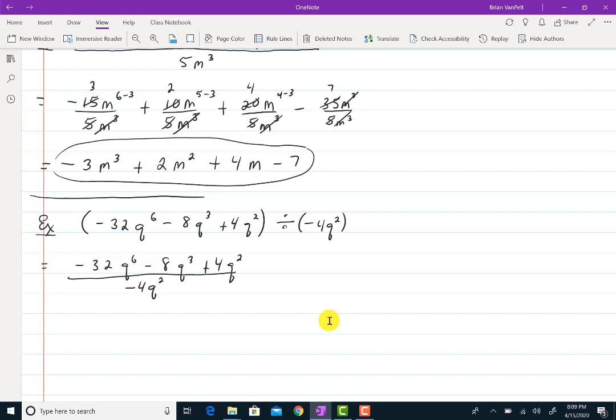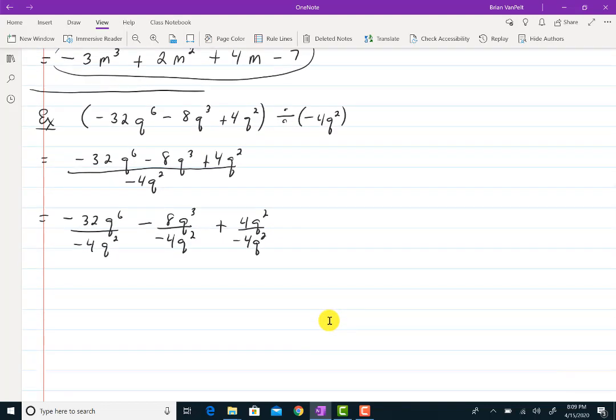And there we have it. Now let me go ahead and break it up. So I have negative 32q to the 6th divided by negative 4q squared, minus 8q to the 3rd divided by negative 4q squared, and then plus 4q squared divided by negative 4q squared.